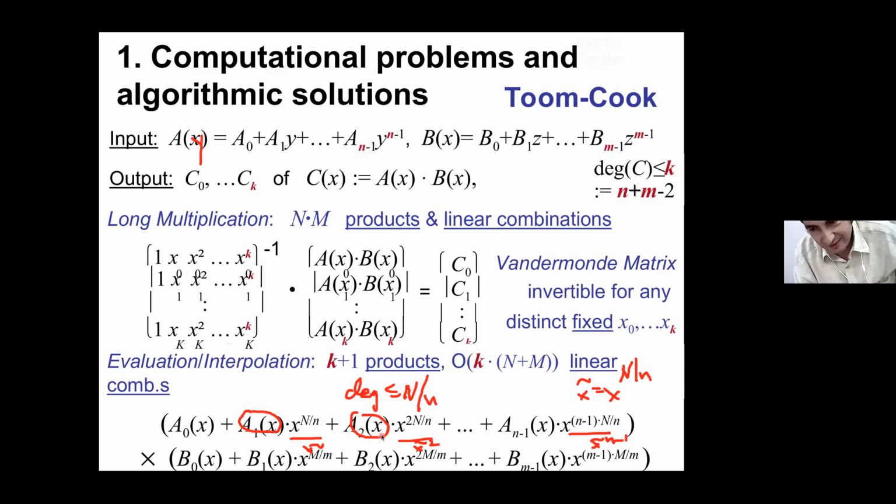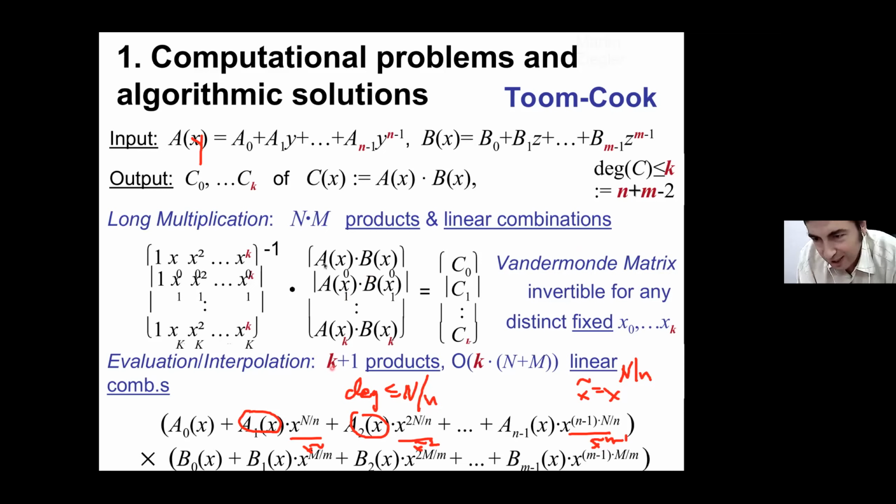So when you substitute something, these are linear combinations. What stands here in this multiplication is linear combinations of the ai times linear combinations of the bj. This means you can reduce the number of multiplications to k plus 1, which is n plus m minus 1, and everything else is linear combination.